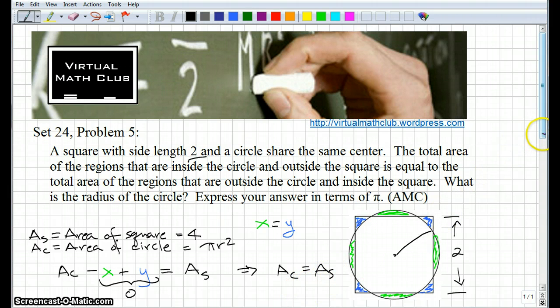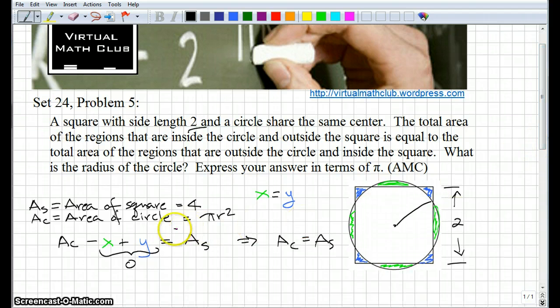We want to figure out the radius of the circle, that's what it asks for. We know the area of the circle is pi r squared, and the area of the square is 4. Now we can solve for r. Let's divide both sides by pi. That gives us r squared equals 4 over pi.